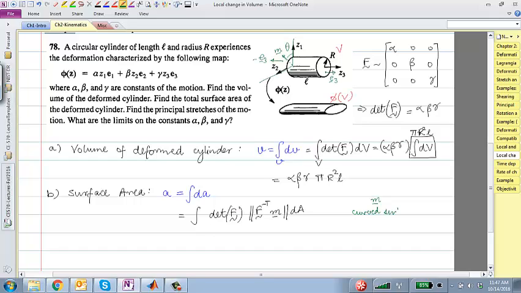What would be an expression for M for the curved surface? Z1 E1 plus Z2 E2, and R cosine theta and R sine theta. Both are exactly the same thing, right?